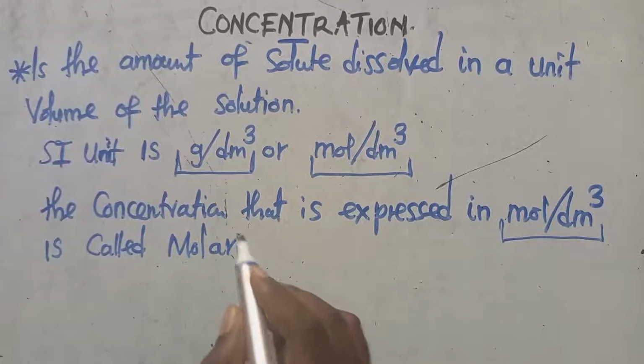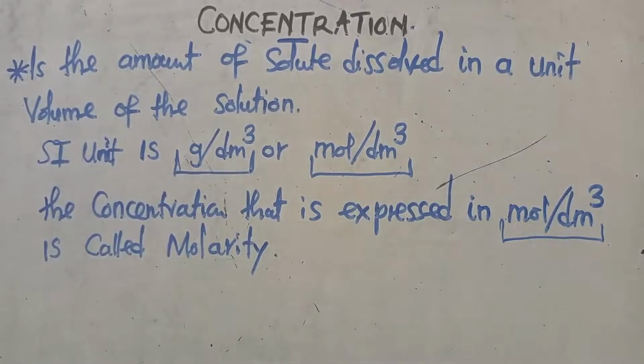This is what you are supposed to know. We get to call it molarity, where molarity is just defined as the number of moles of solute per liter of a solution.